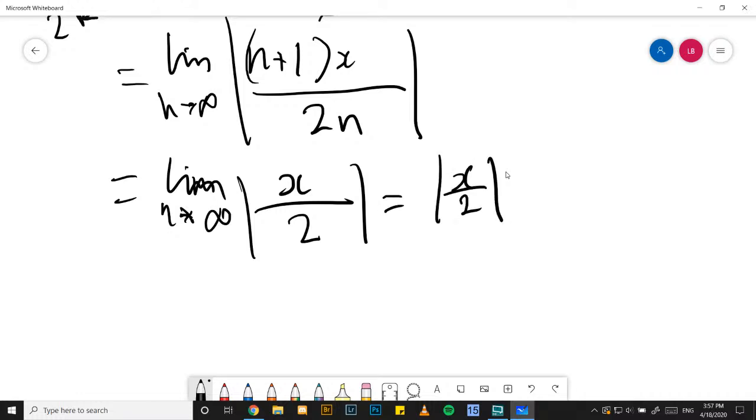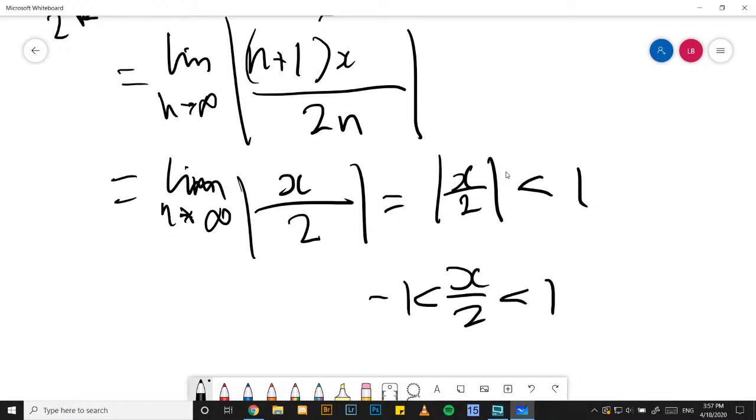Note that in order for this to converge, you need to make sure that it's less than 1. So your condition is that the absolute value of x over 2 is less than 1. That means x over 2 is less than 1, but also greater than negative 1.